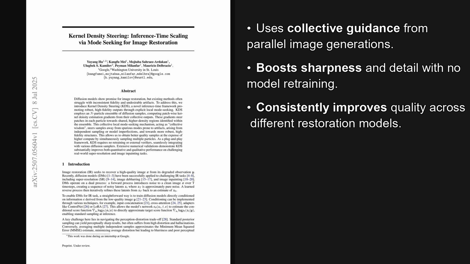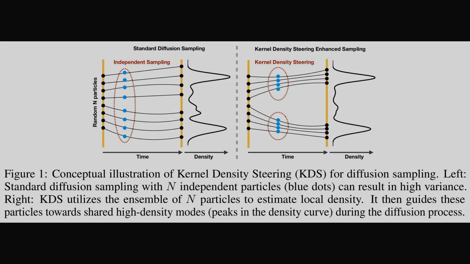Essentially, it guides multiple parallel image generation processes to learn from each other, avoiding common issues like blurriness or strange artifacts. Alright, so this first figure gives a great conceptual illustration of the method. It introduces kernel density steering, a technique where instead of generating one image, the model runs multiple parallel attempts, which are called particles.